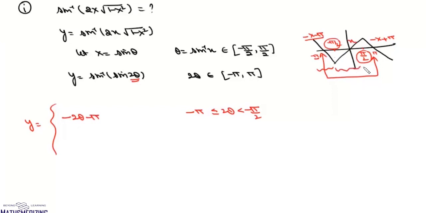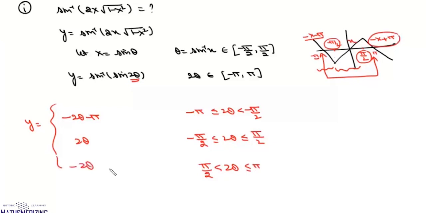In the second interval, which is the principal value range for sin inverse, when 2 theta lies between minus pi by 2 and plus pi by 2, it is simply x, so we can cancel sin inverse with sin. We get 2 theta. And in the third interval, when 2 theta is greater than pi by 2 but less than or equal to pi, the definition is pi minus x, so it will be minus 2 theta plus pi.